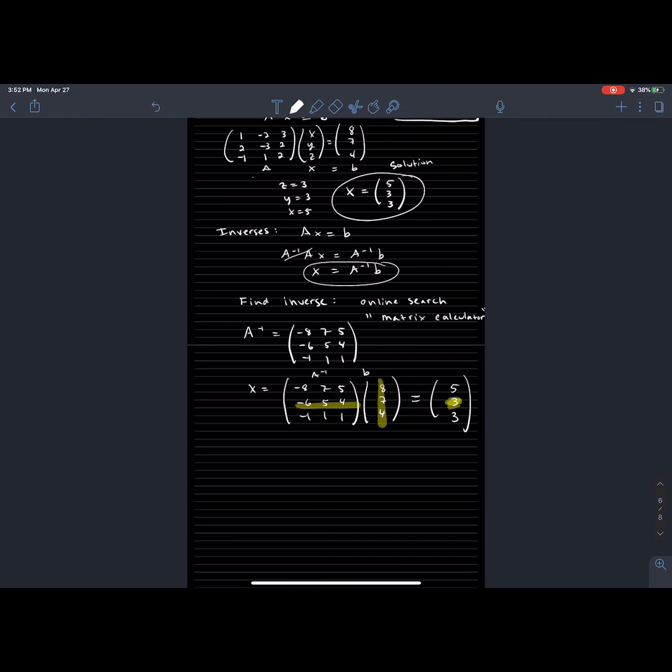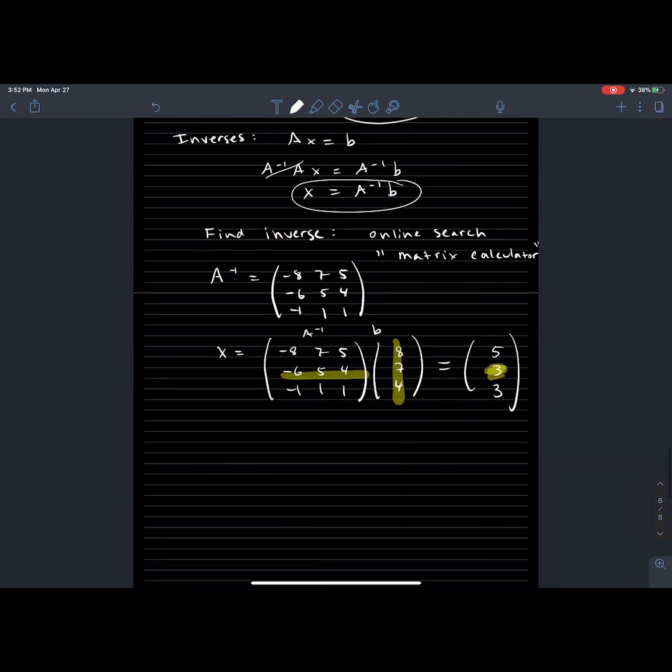It's minus 6 times 8, plus 5 times 7, plus 4 times 4. So dot producting them: minus 48 plus 35 plus 16. Use a calculator or do it in your head, and you get 3. So that's neat. You can multiply all 3 of them if you wanted to, but I did it on the calculator.